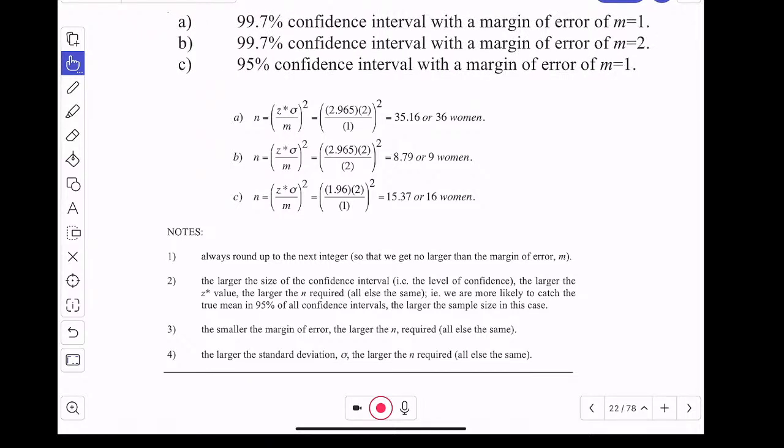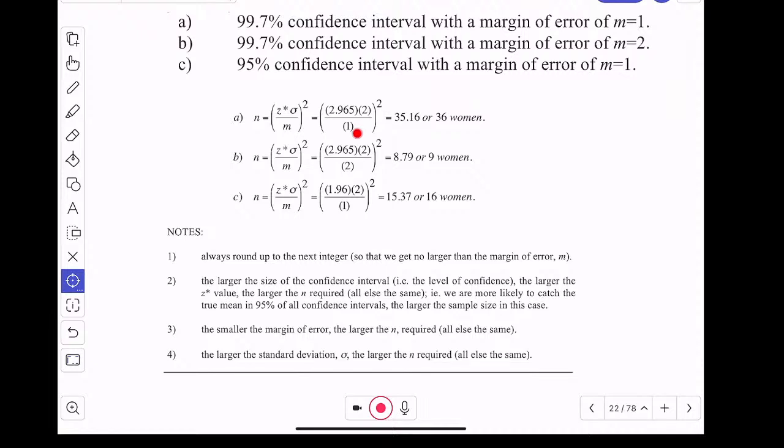All right, so for the first case, the confidence interval that we would estimate with that sample would be 99.7%. This is the z star for it. And margin of error of 1.